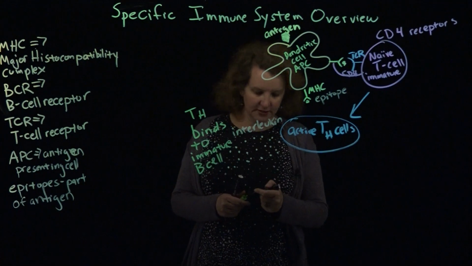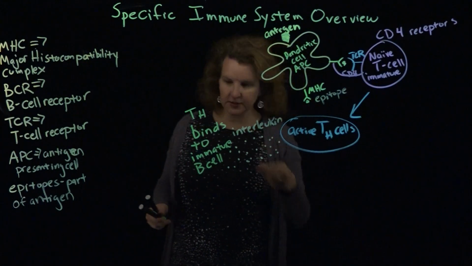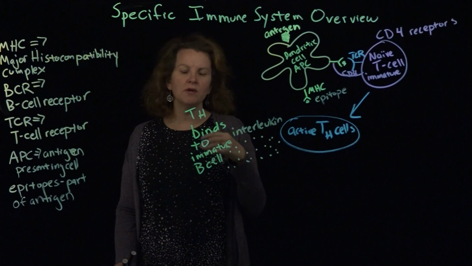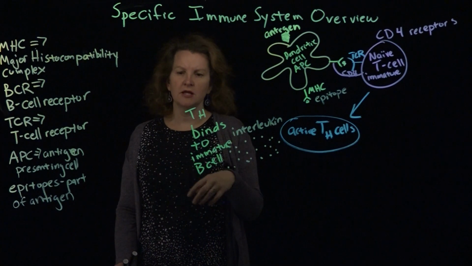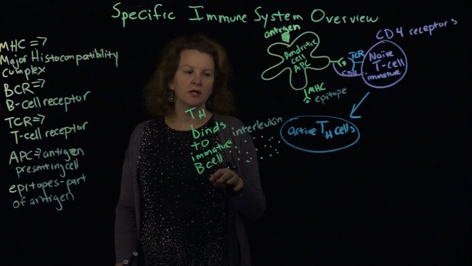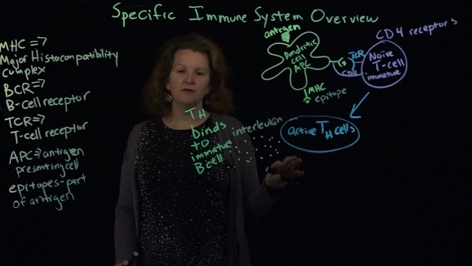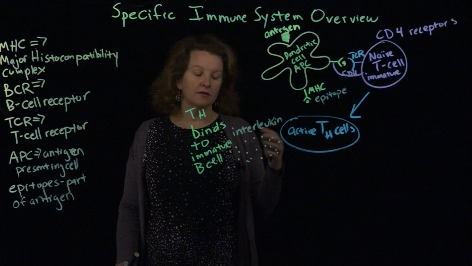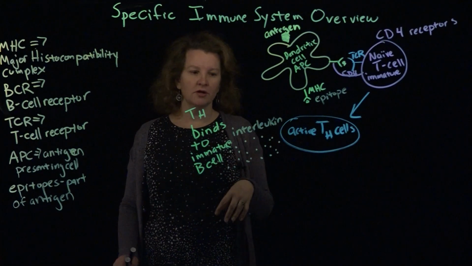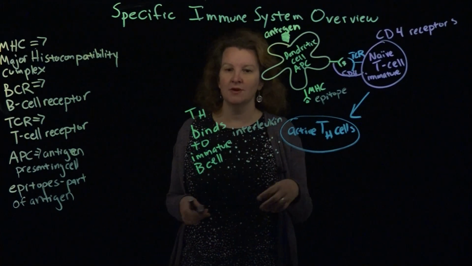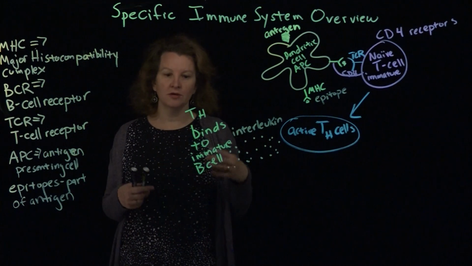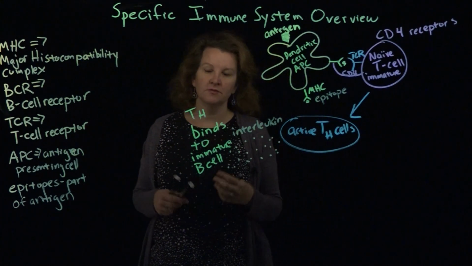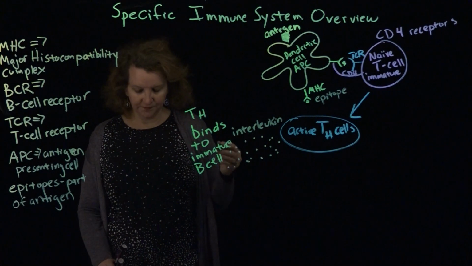Now the B cell itself, in order to be activated, it's a multi-step process, and this activation process is really important because you don't want to activate these cells unnecessarily and run the risk of producing either cytotoxic T lymphocytes or antibodies that attack either self cells or attack indiscriminately. So maybe attack your normal microbiota or attack food that you eat. So there needs to be these multi-step activation processes to provide some control.